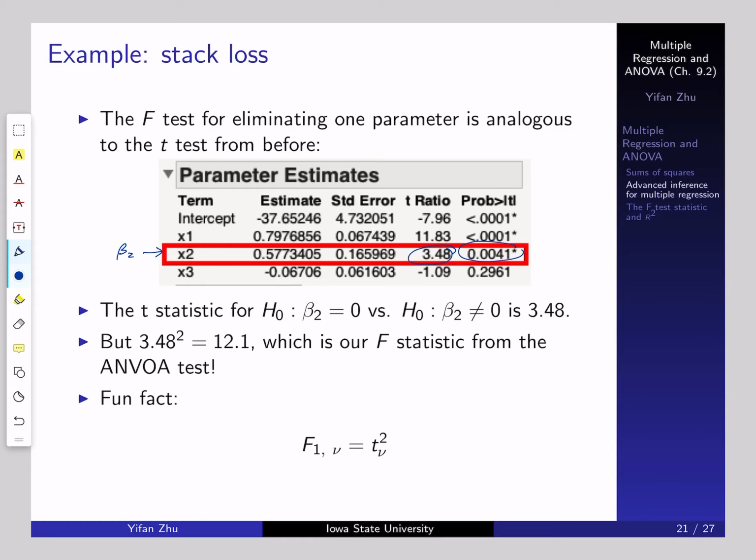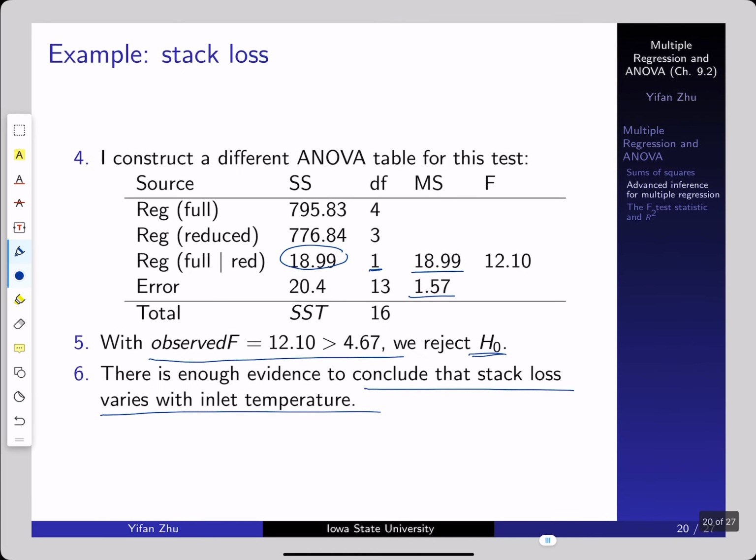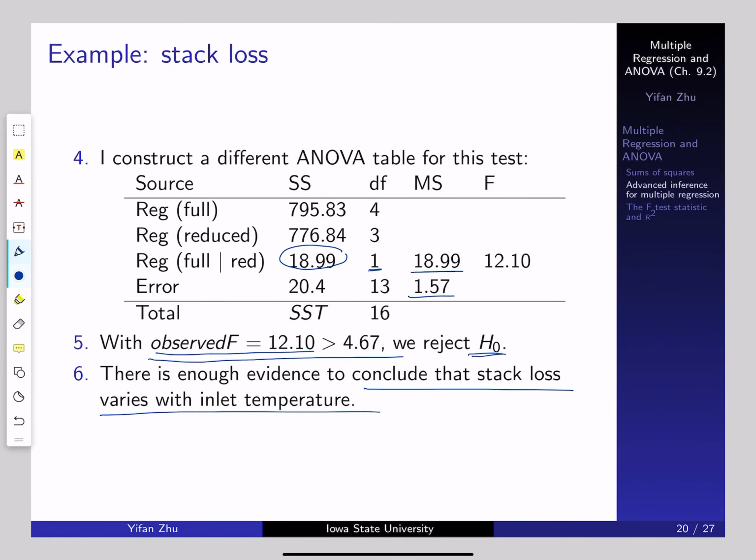And you will see that in this test, we also reject the null hypothesis and conclude the alternative. And if you look at the t value further, if you square it, you get 12.1. What is this? This is just the F we have in this ANOVA F test.